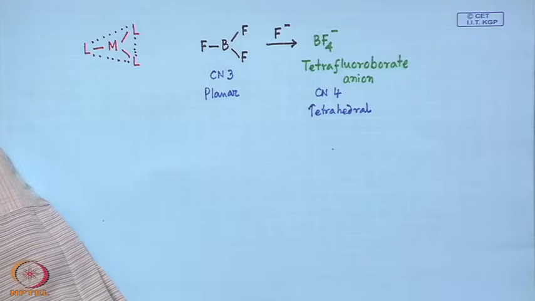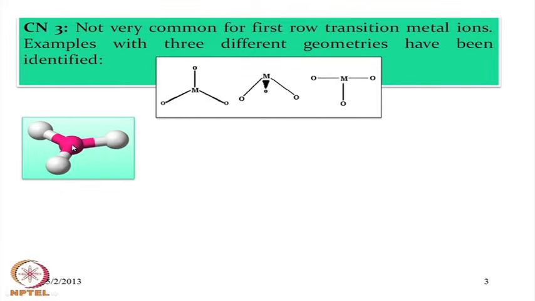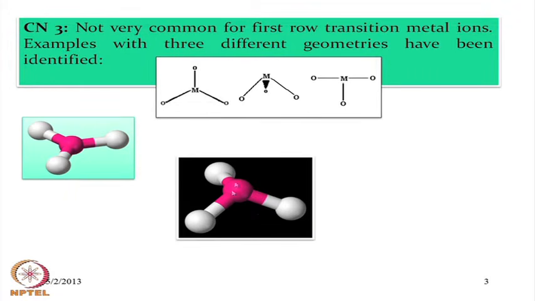Similarly, if this center is occupied by the metal, we can have 3 ligands at 3 different positions. Similarly, you can have the corresponding pyramidal geometry. So, if this central metal ion or other atom is moved upward, we can have a geometry like this. That means this is sitting above the trigonal plane formed by 3 white spheres.